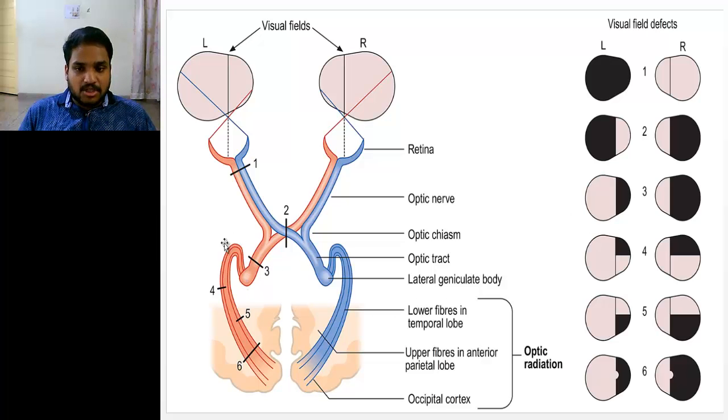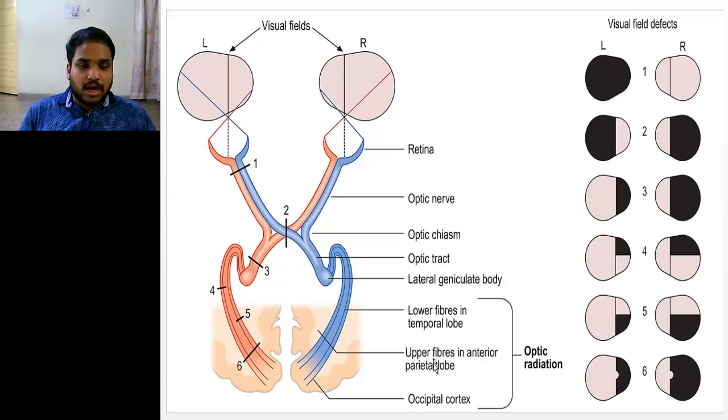Now from the lateral geniculate body you have the optic radiation. Now if the lower fibers in the temporal lobe are affected, that is the number 4 lesion, right? You will get an upper right quadrant anopia if the left lower fibers of the temporal lobe are affected. Fine.